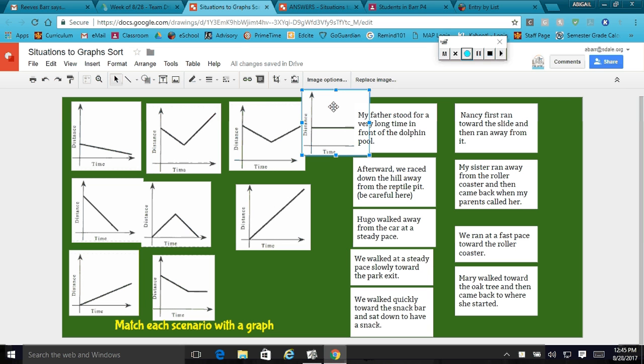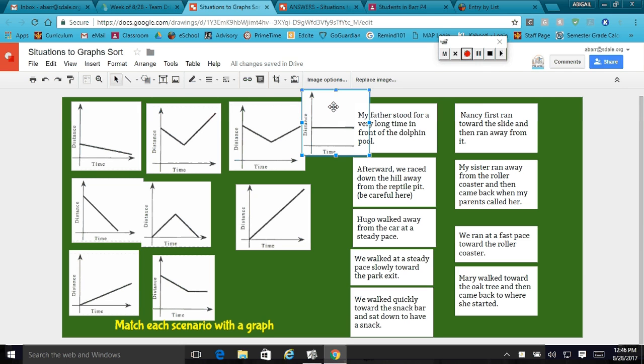So if we're moving towards something quickly, what does quickly tell us? It's telling you the rate of change, the slope of that line, right? Okay, so it's happening quickly, and then what happens? You sat down. What's happening to your distance then? It's leveling out.